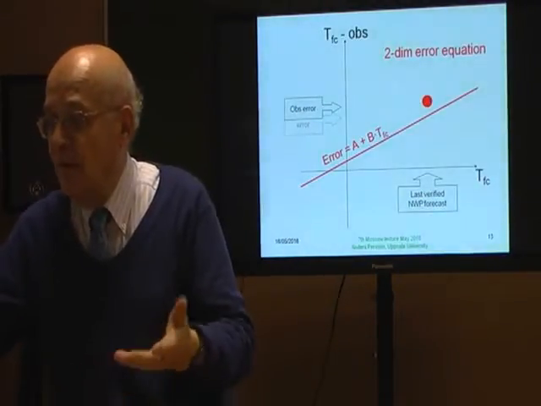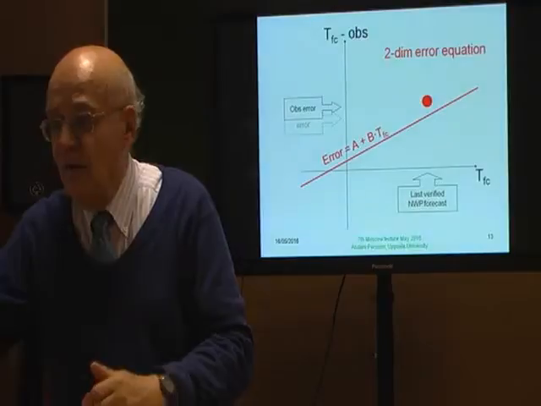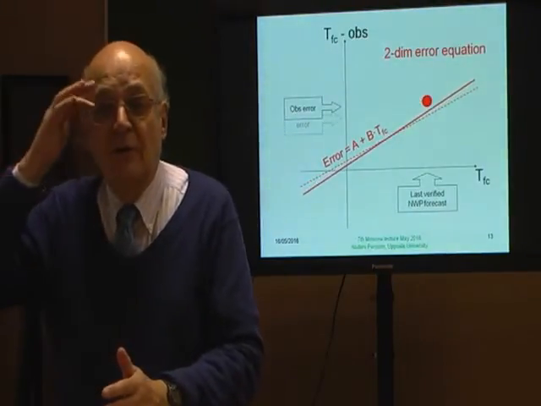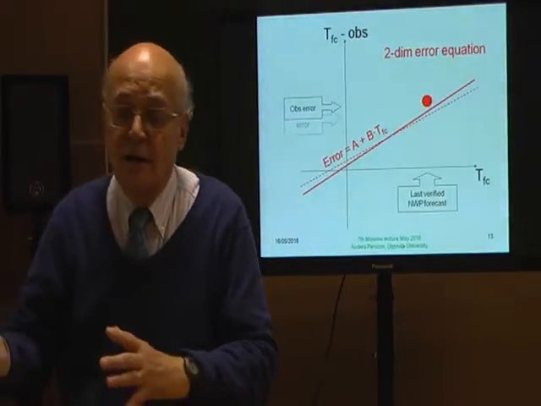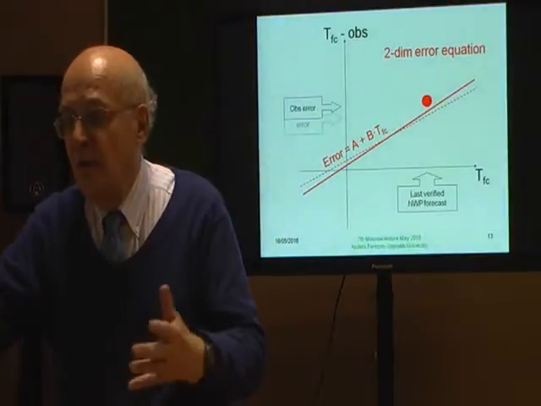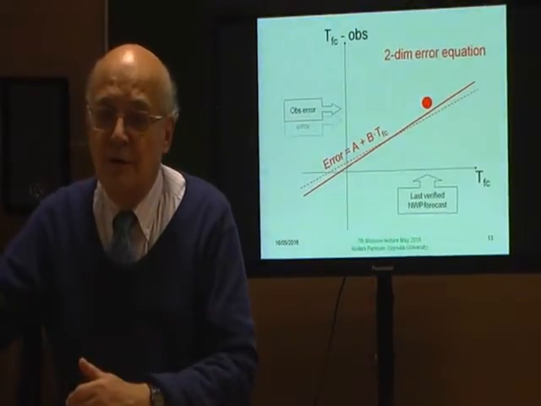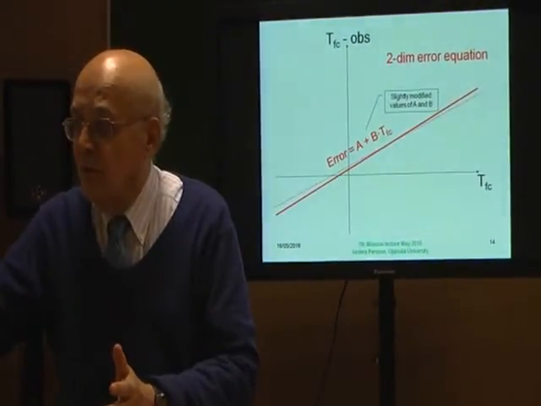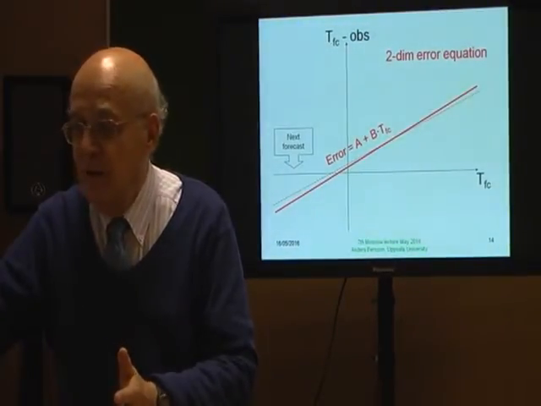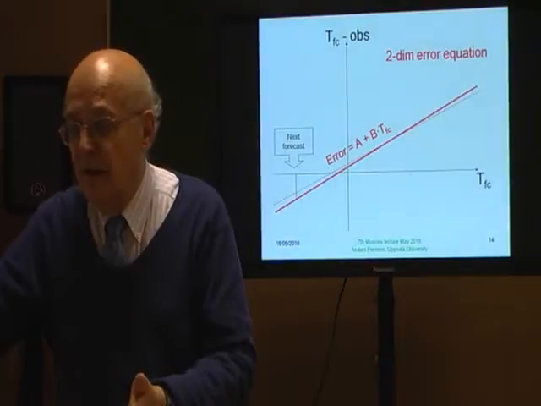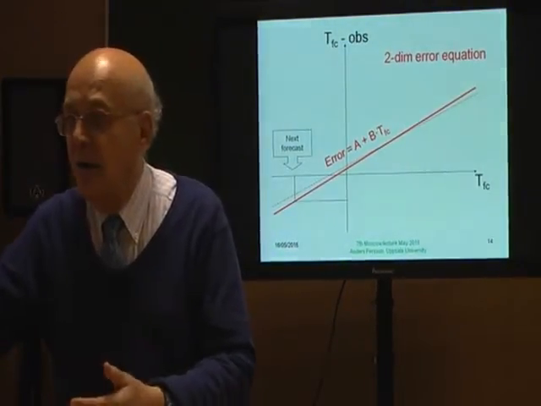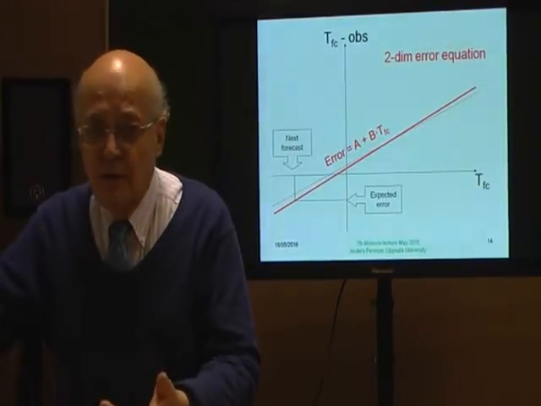So what the Kalman filter will determine is new values of A and B, slightly different from the previous. Not entirely covering the observation, but approaching the observation. So now we have a new error equation that can then be used for the next forecast. And the next forecast will be here. It will give a correction of the opposite sign. And we apply that.